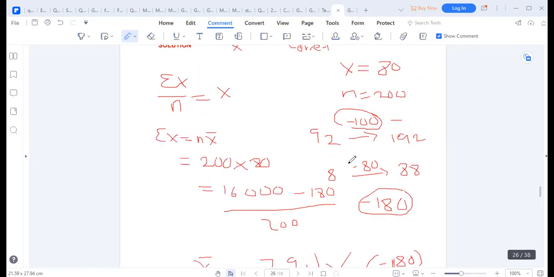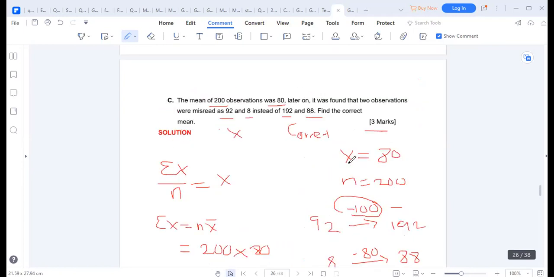Are we together? Yeah, I'm a bit behind. Maybe you can try to explain once more. In short, we had how many observations? We had 200 observations. So x1, up to x200. When we added all these, divided by 200, the mean that we got was 80.